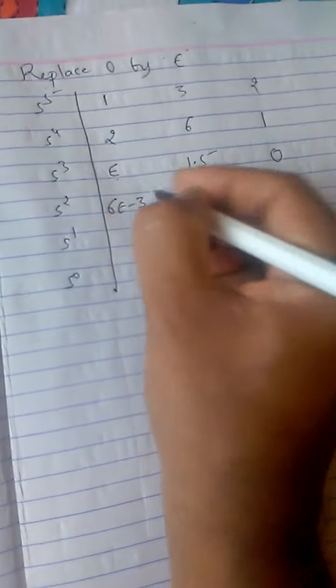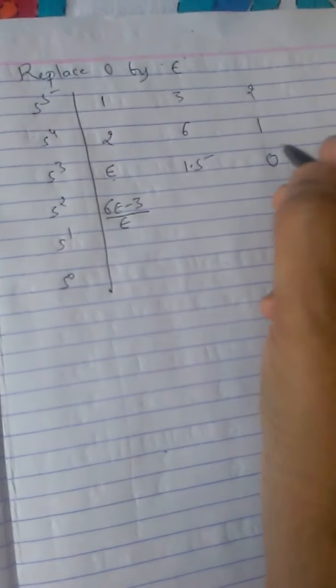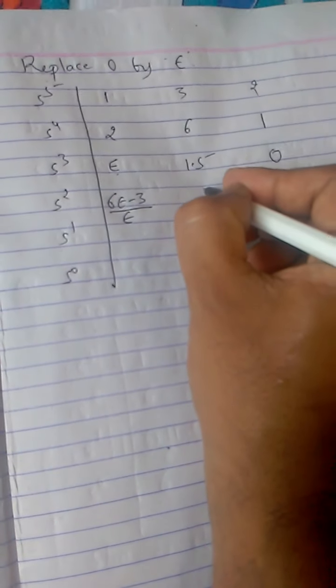So next I need to calculate the coefficient for s square. S square means epsilon into 6 minus 2 into 1.5 divided by epsilon. So that will be equal to 6 epsilon minus 3 divided by epsilon, then 1, 0.